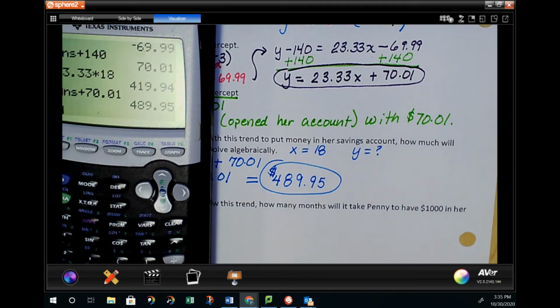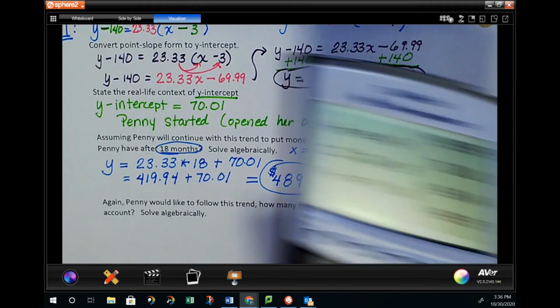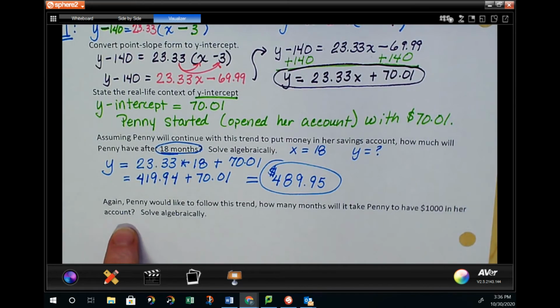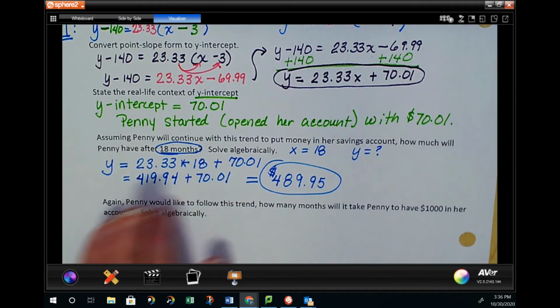So basically, the cool thing about putting money into a bank and putting money in a savings account is she's gonna actually have more money than that, because you have to invest it. And then that will come in chapter 6 when we do exponents. And so we'll talk about that piece. But this is just how much money that she has put into her account after 18 months. So now, this is the tough question.